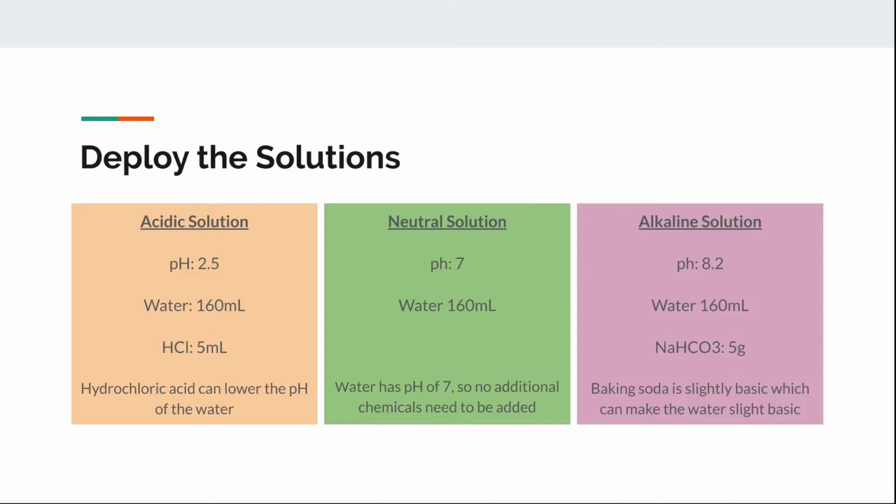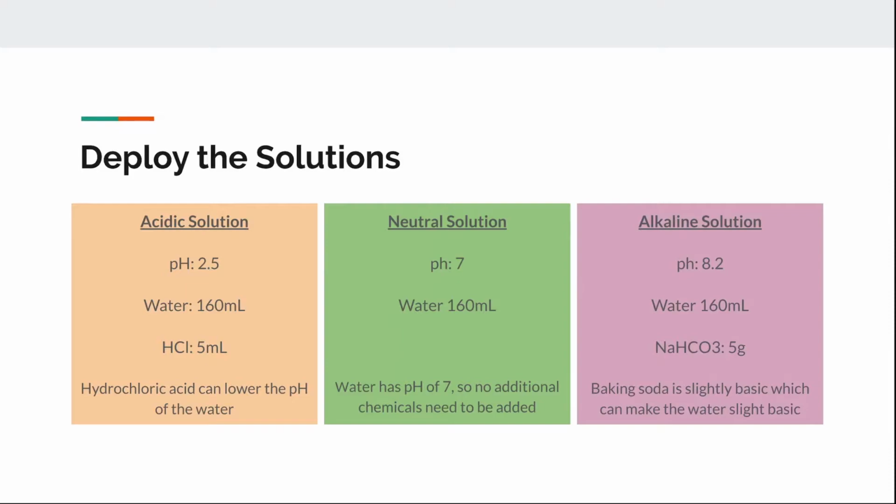Before we go through the procedure, we need to prepare the solutions first. Since we have 3 water bottles, we need to prepare 3 solutions. The first one is the acidic solution, for which I used hydrochloric acid to lower the pH of the water, and the pH is 2.5 at the end of my measurement.